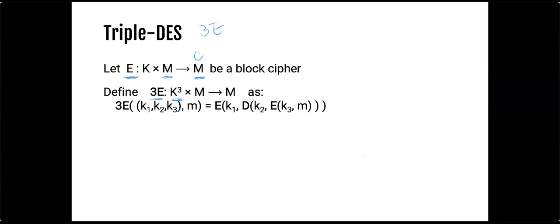Given a plain text, this is the encryption function for triple DES, and that is equal to the third key, well, depending on which order you start to count, but here I'm just going to use K3. So you first encrypt, and then decrypt, and then encrypt. So it's like 3 layers.